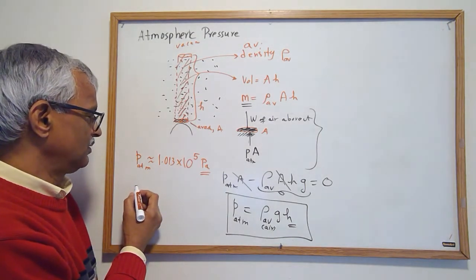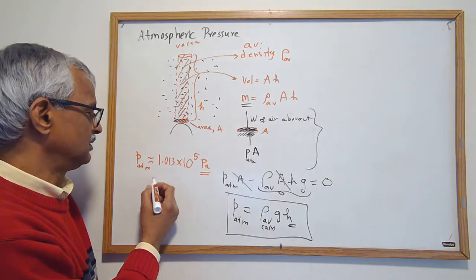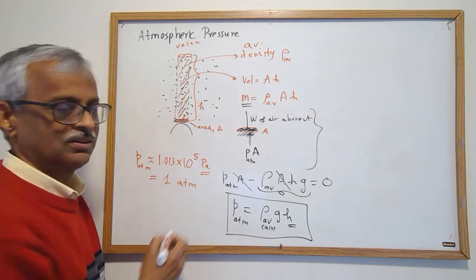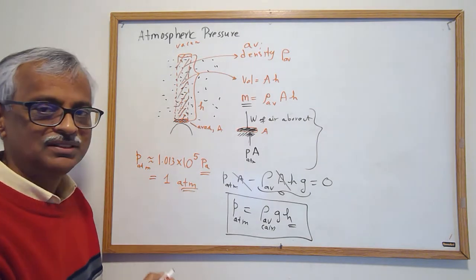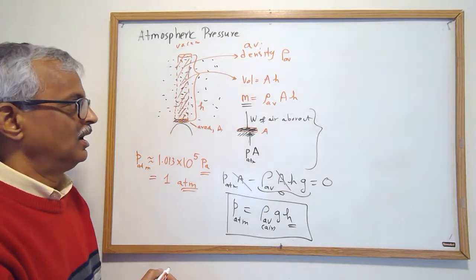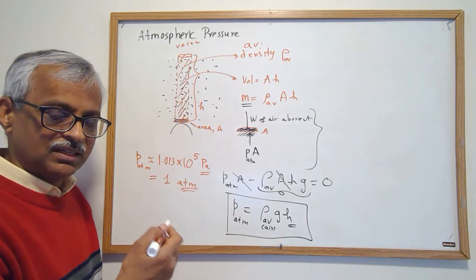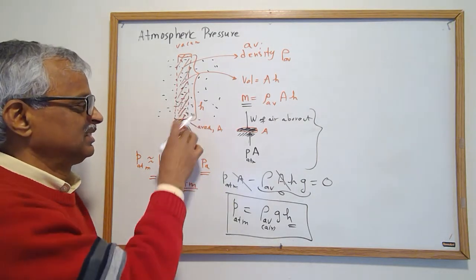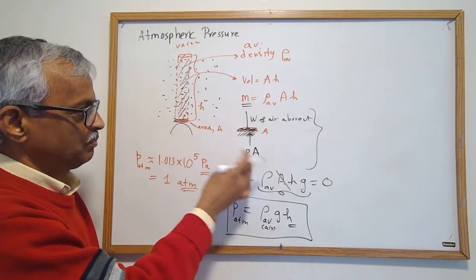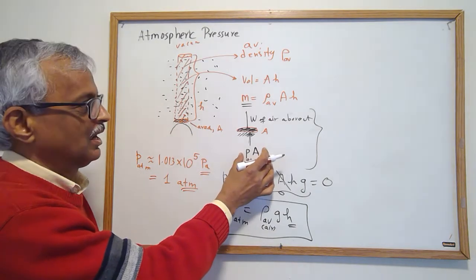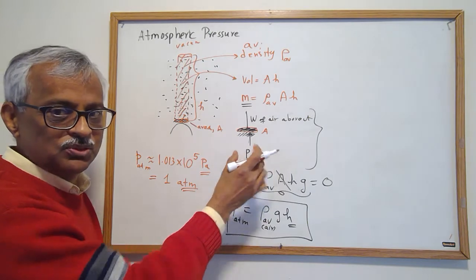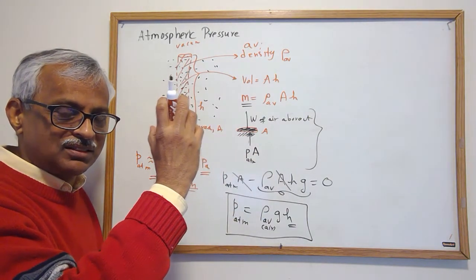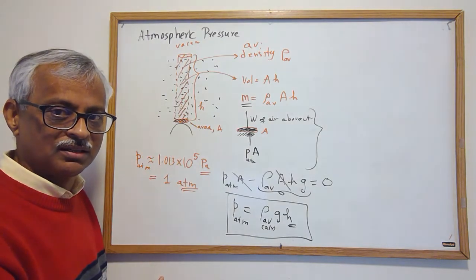So you can say, well, what's a good unit? You can just call this 1 ATM. So there's another unit for atmospheric pressure. We will learn in an experiment called the Torricelli experiment that this kind of pressure, this kind of force, if you use this much force, you can support 76 millimeter of mercury.